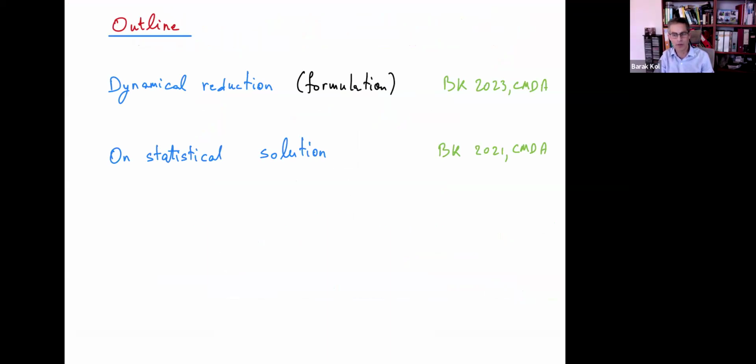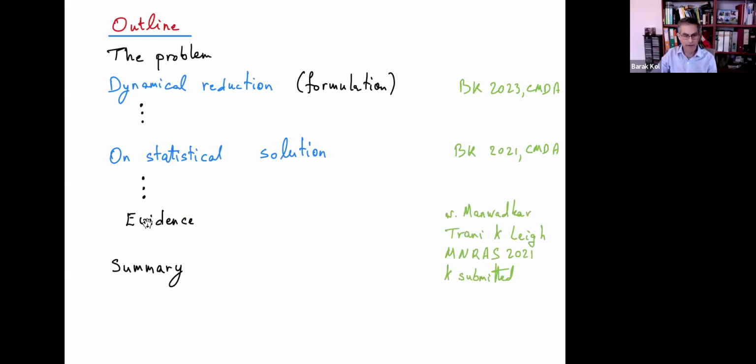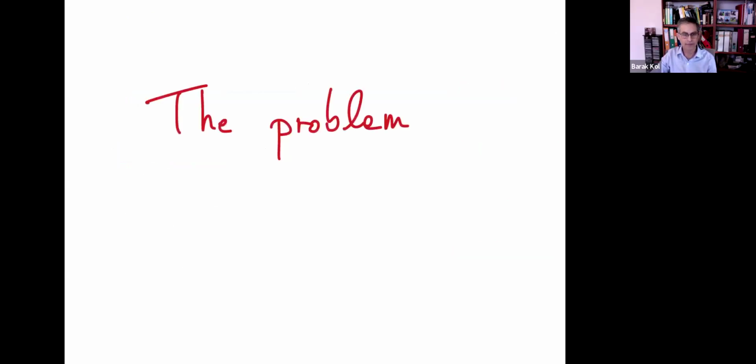And the other thing is how to find a dynamical solution, or more precisely, how to reduce the work that is required for a dynamical solution. And at the end, we'll also discuss evidence from simulations and the summary.